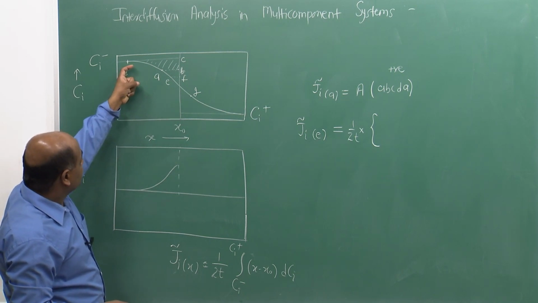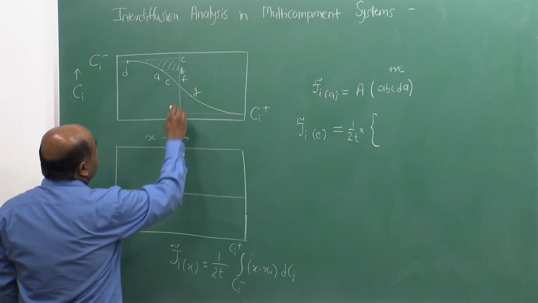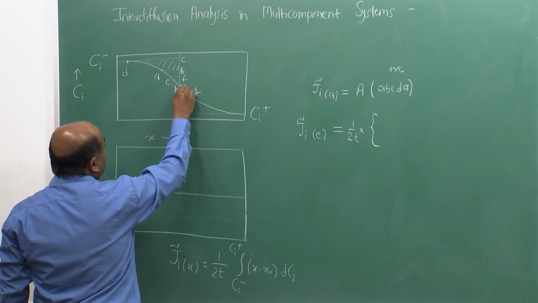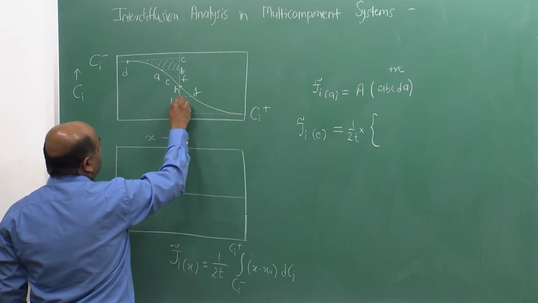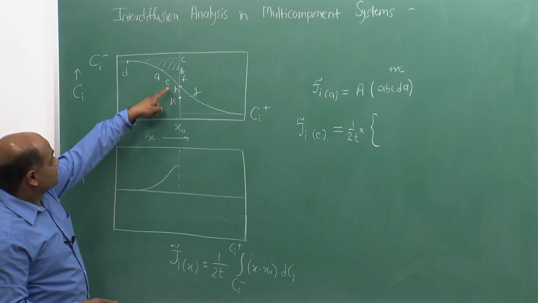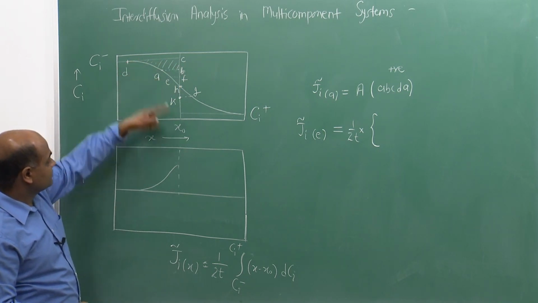So, the area would be A D C, let us call this as H and this as K. So, the first integral would be D H C, which is positive.